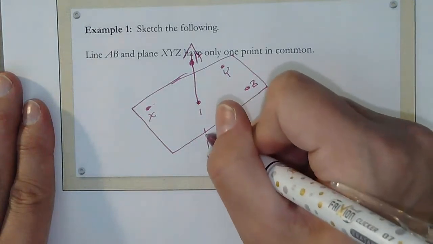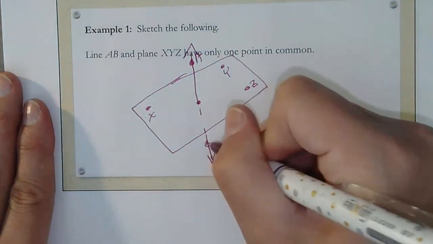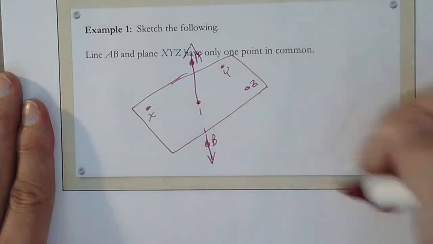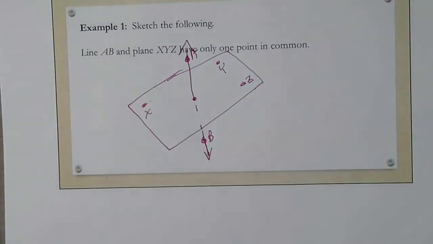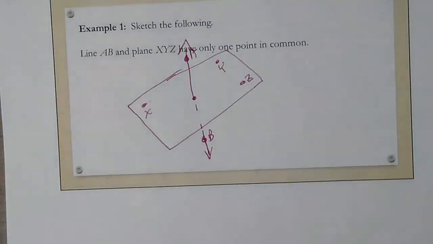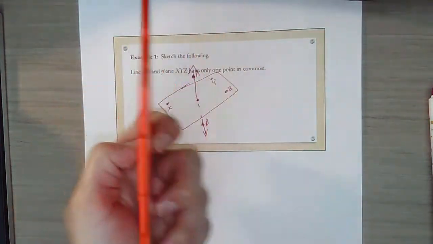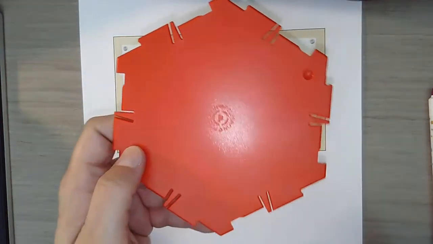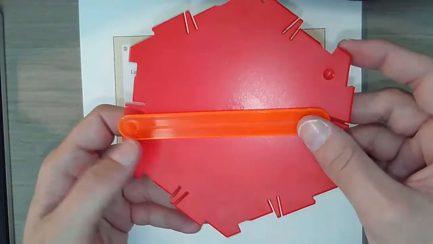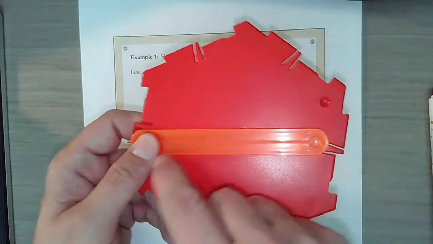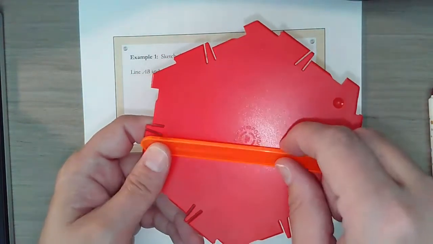the actual plane. So think of it as something like you have this flat plane, okay? Well, if I put a line on top of it, well, they have more points in common, okay?